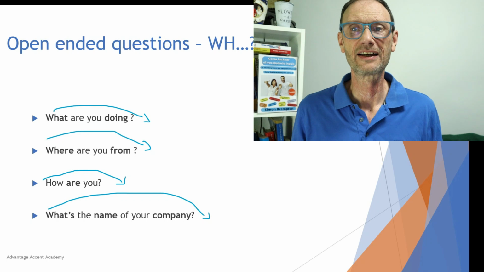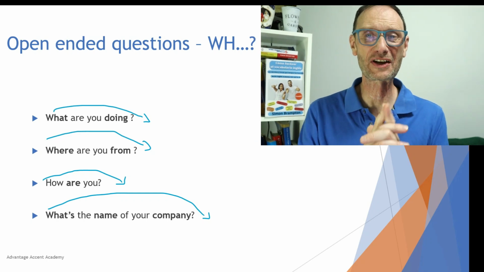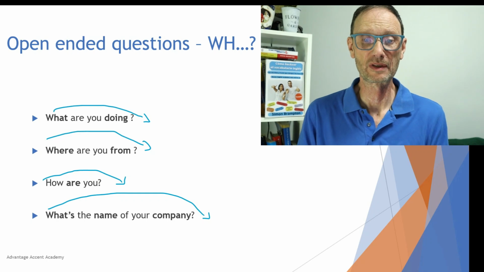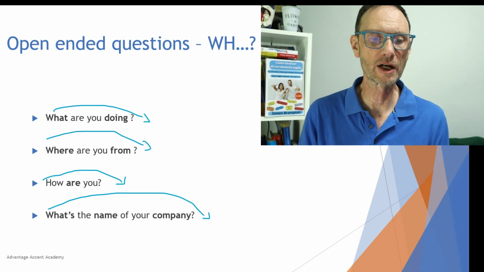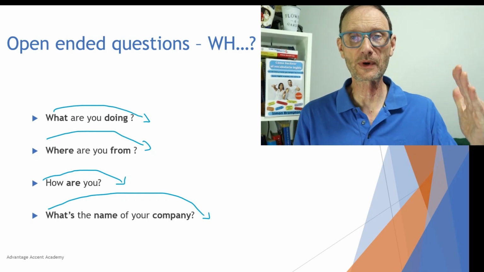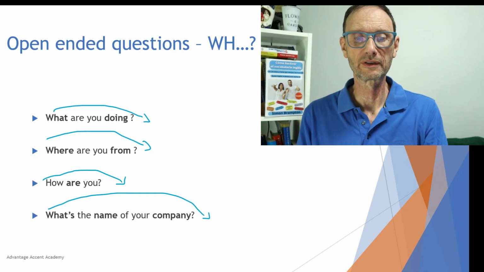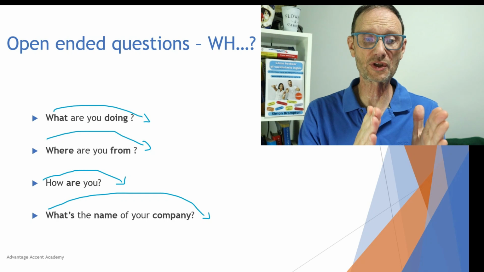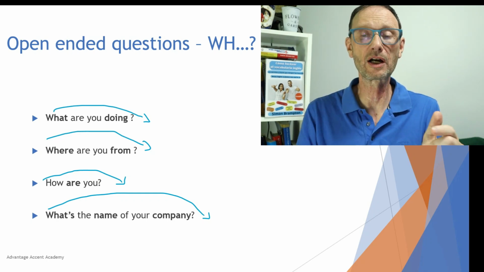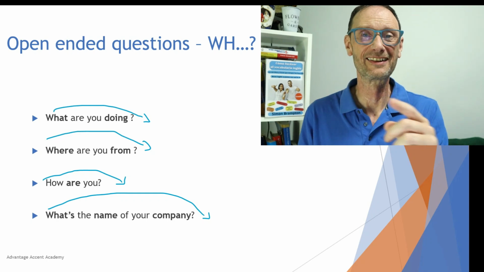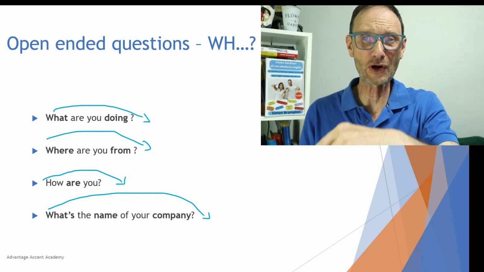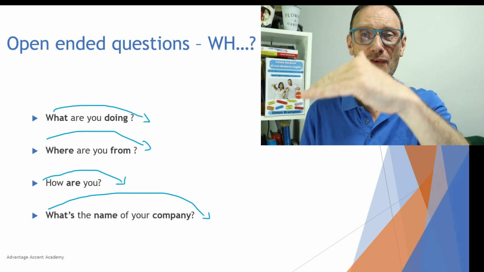Right, next then, we use this type of stress with open-ended questions beginning with WH, the W questions, which also includes how. So this one, they go up and then they fall. Okay, then we can also show the stress here as well. The important words here are, what are you doing? Where are you from?